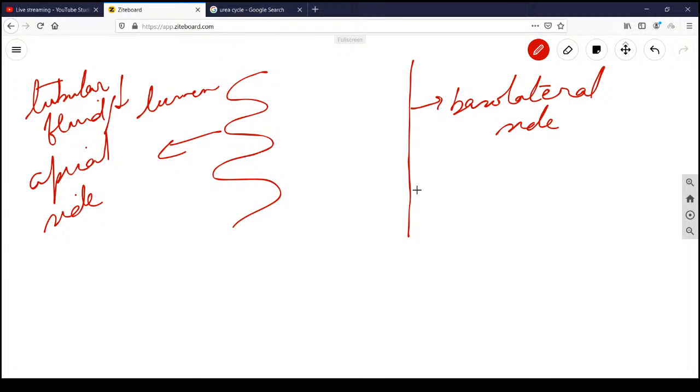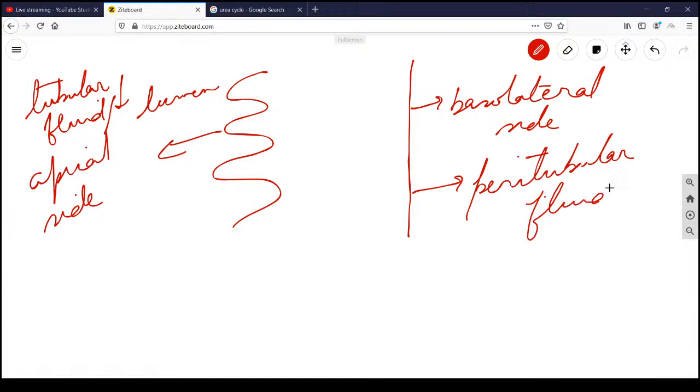This is the inside of the cell. This is where the peritubular capillaries and peritubular fluid lie.